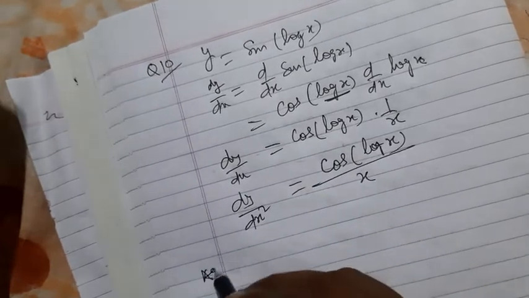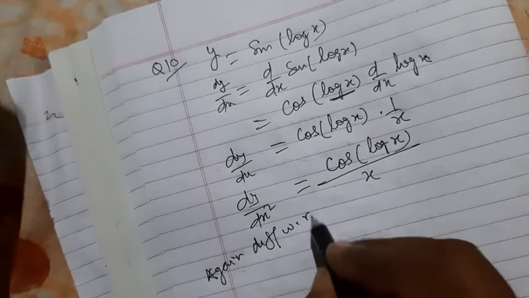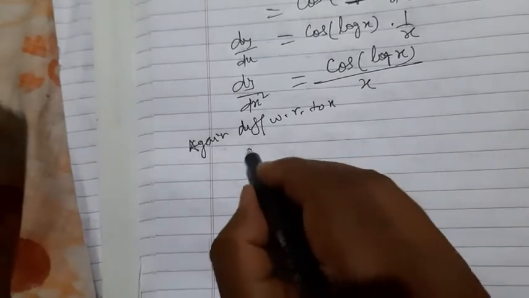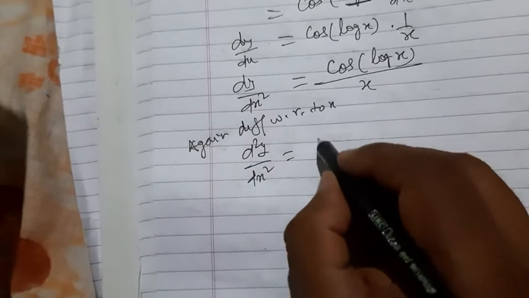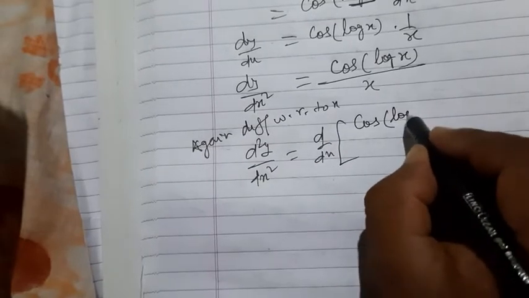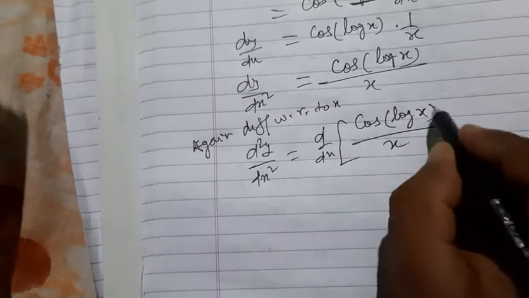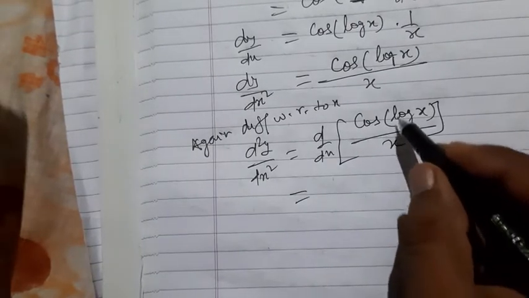Again differentiating with respect to x, so then you get d2y upon dx square is equal to d by dx of cos of log x upon x. So this is in the form of the division rule.